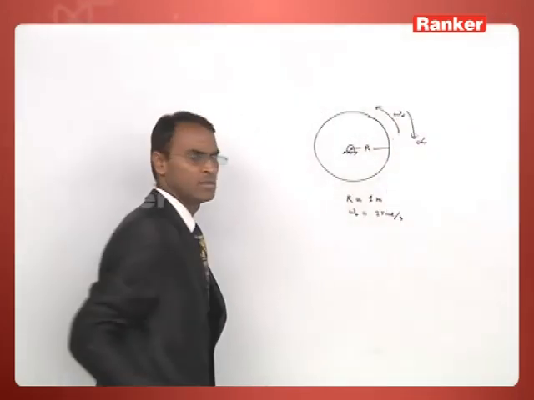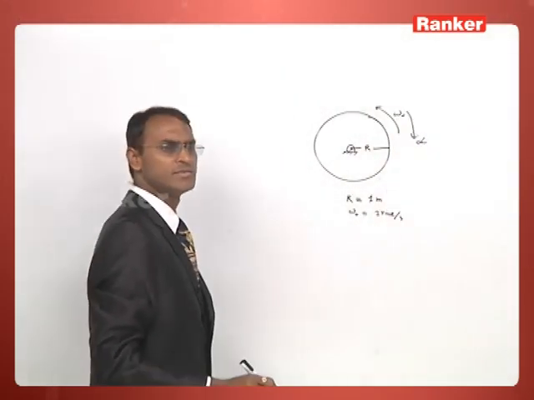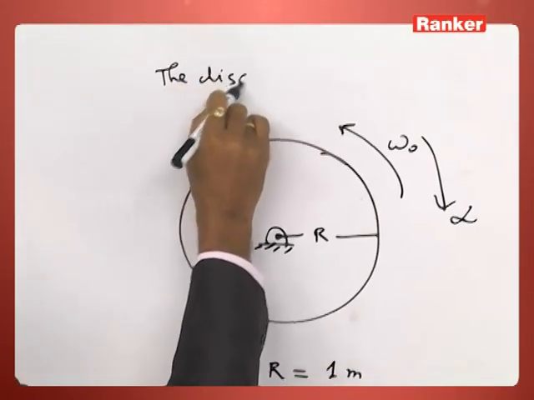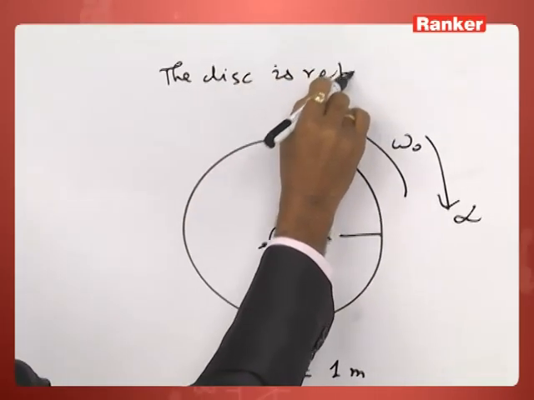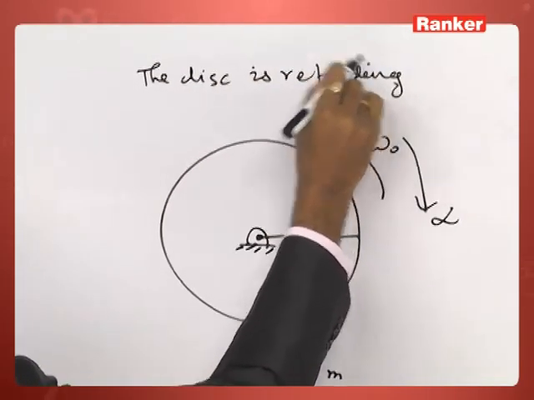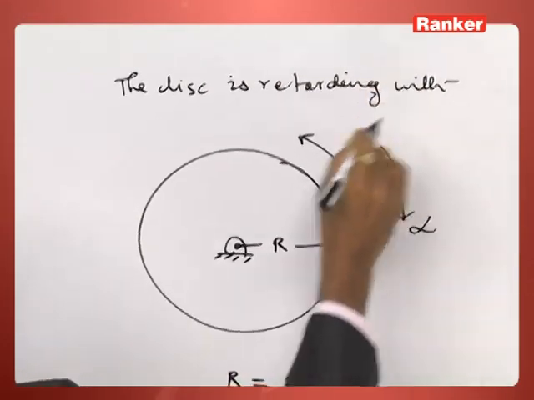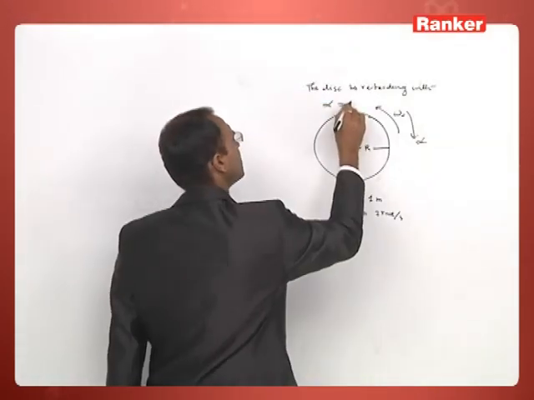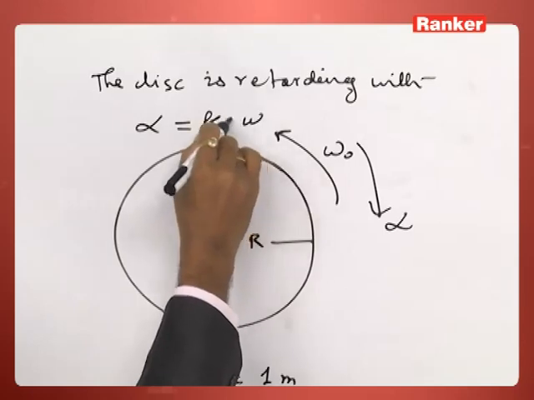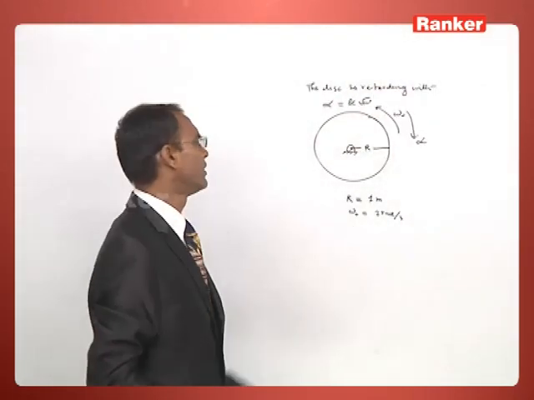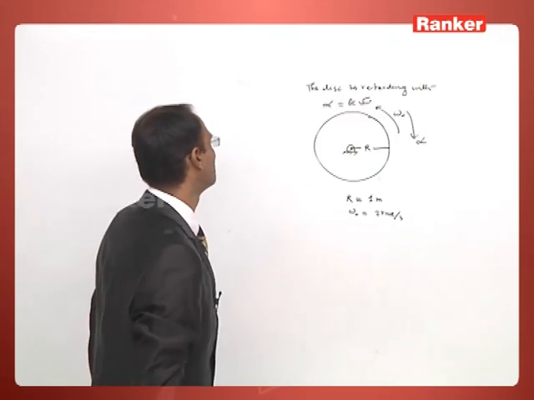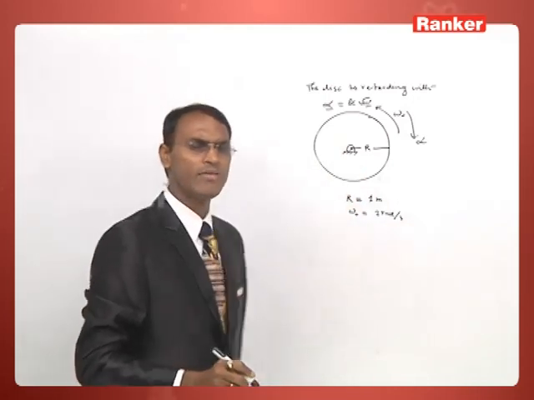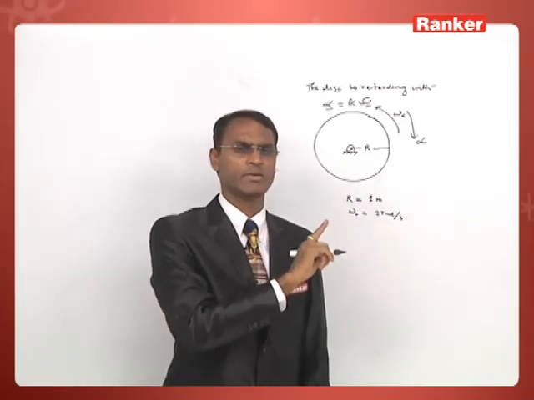And alpha is in opposite direction. This means that the disk is retarding with an angular acceleration that's equal to a positive constant times the square root of the angular velocity. Alpha varies with respect to omega in this way.